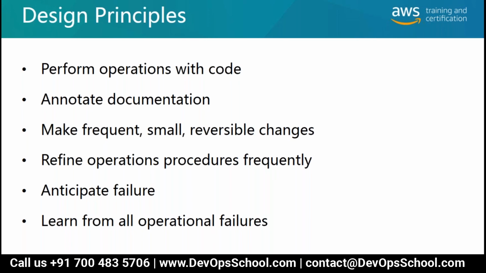Then the second principle is you have to annotate the documentation. If your application is on premise, it can be a different story, but in cloud, documentation is sort of mandatory for people to understand what is going on in your cloud.